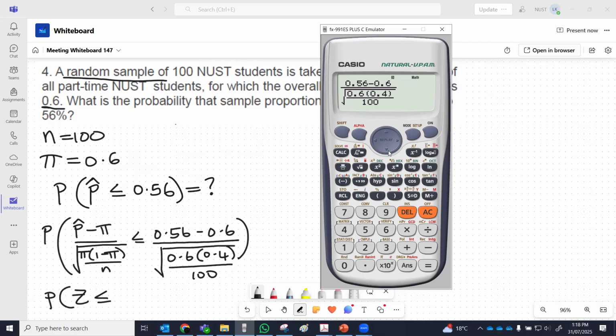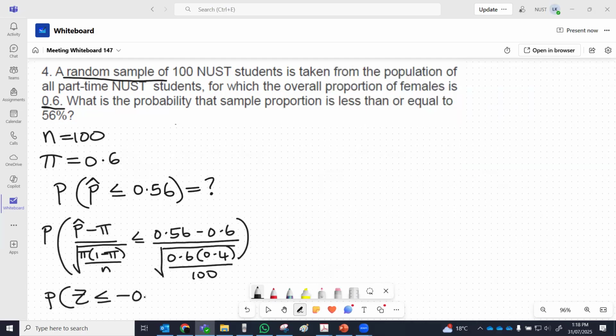Then we have 100, and this is equal to negative 0.82 to 2 decimal places. So this is negative 0.82. Okay, then we draw the area that we're looking for.